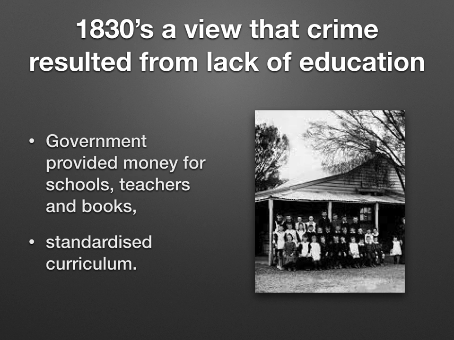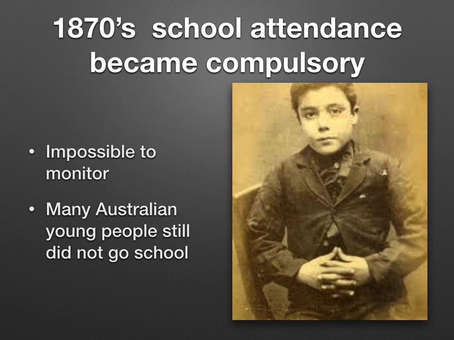This was a huge move, though, in the 1830s, and there was a standardised curriculum right across Australia, so it didn't matter whether you belonged to a church school or a remote bush school. Everybody had the same curriculum. So it was a very big, bold move in the 1830s.